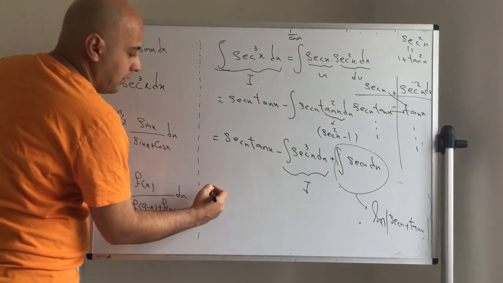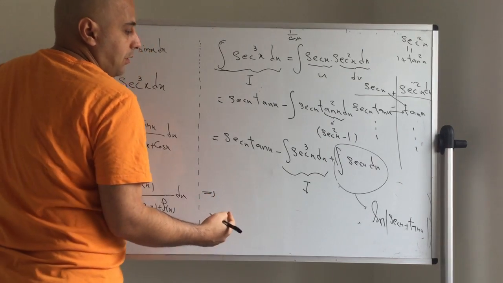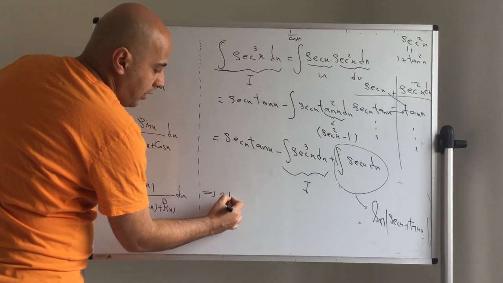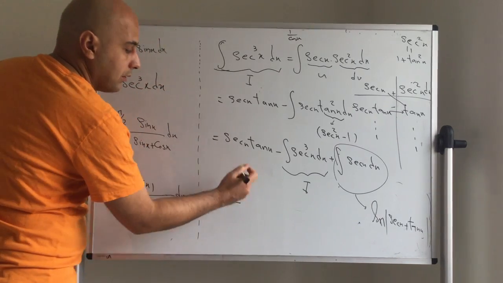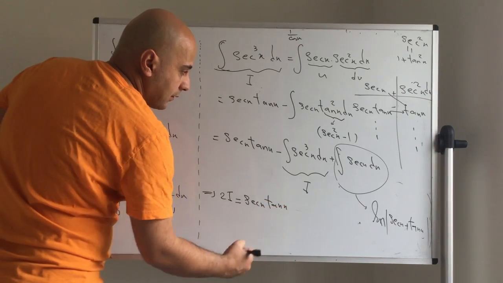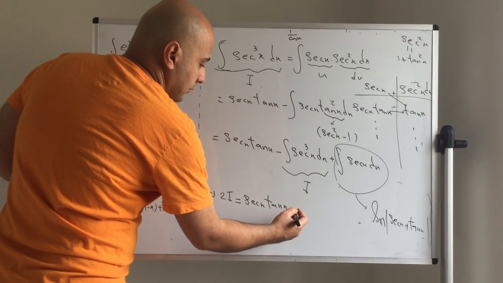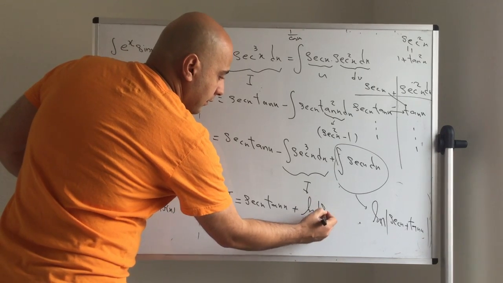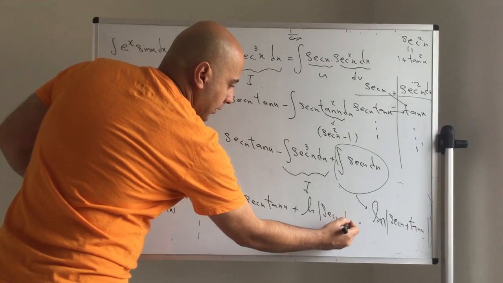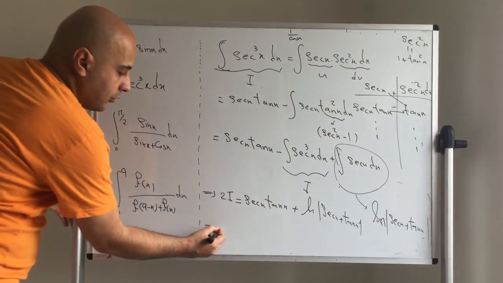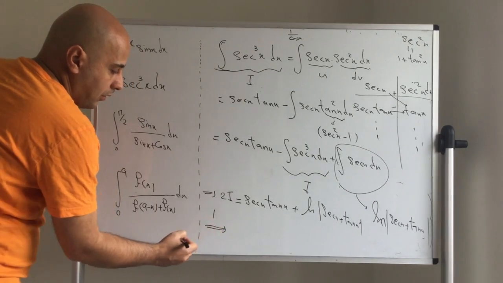So I can bring it to the left side. So 2I equals secant x times tangent x plus ln of secant x plus tangent x. Now it's enough to divide by 2.